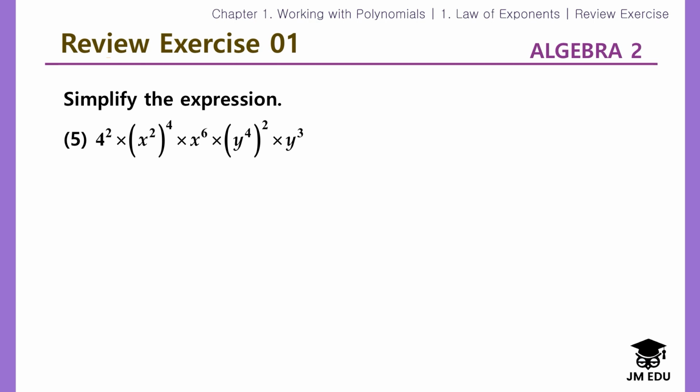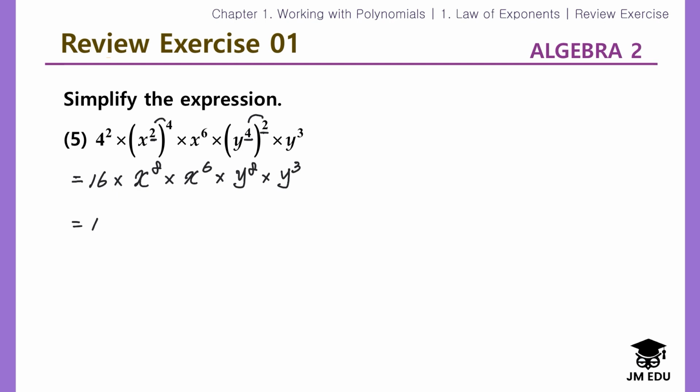Number 5, we have a 4 squared, which is equal to 16 times x squared to the power of 4, x to the 2 times 4, 8, times x to the 6, times y to the 4 squared, multiply them, y to the 8 times y cubed.